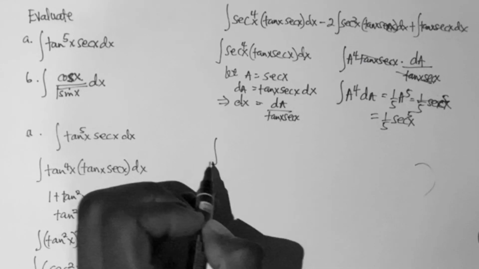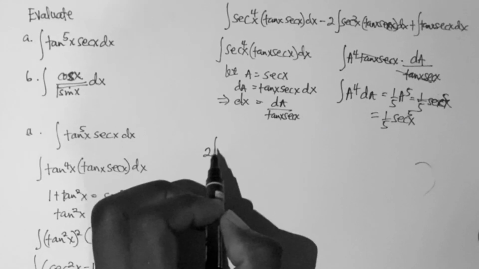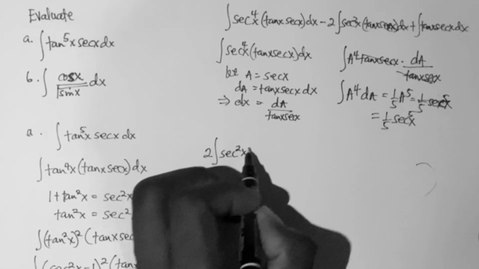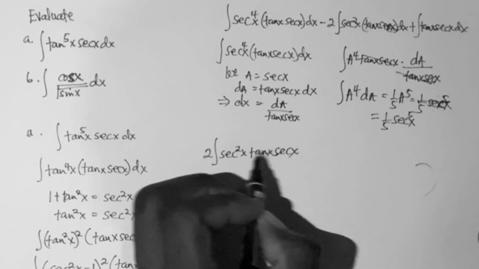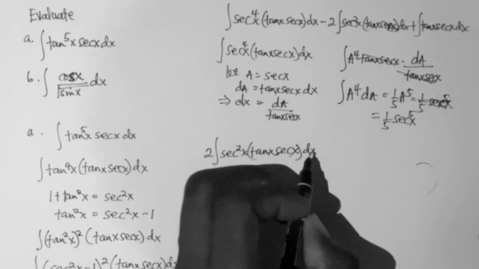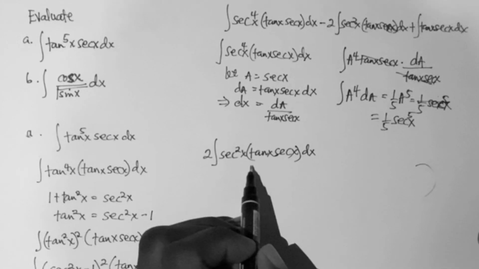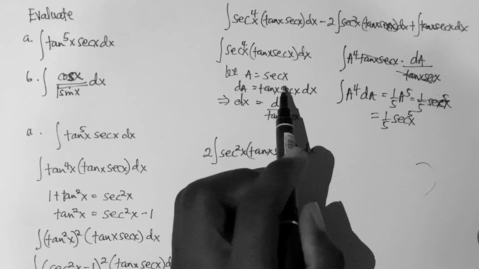Now let's evaluate this one, which is integral of 2 sec squared x times tan x sec x dx. So it's still the same thing. We will still use all the processes that we did here. So we'll do the substitution a equals sec x.